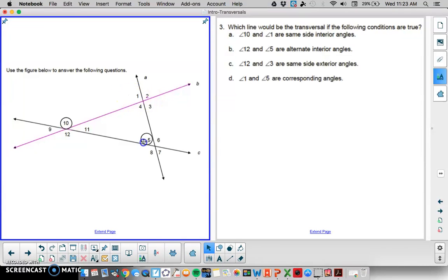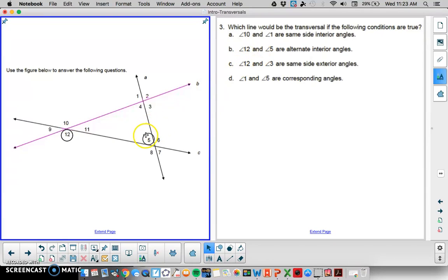In order for 12 and 5 to be alternate interior angles? Well, they're inside the lines B and A, and the transversal that cuts through those two lines would be C. So that would be our transversal for 12 and 5 to be alternate interior.